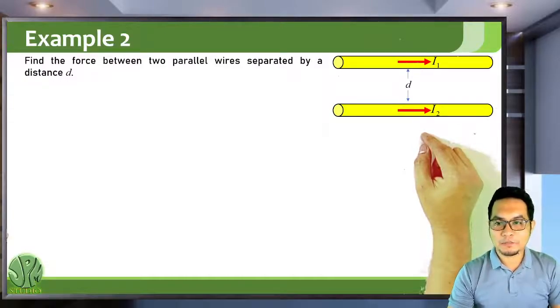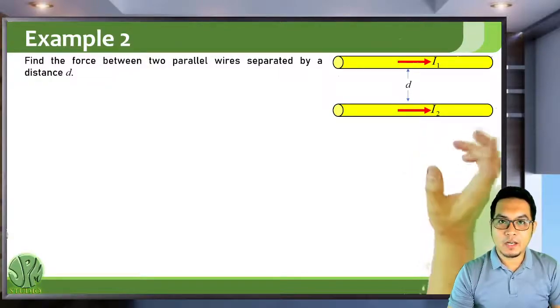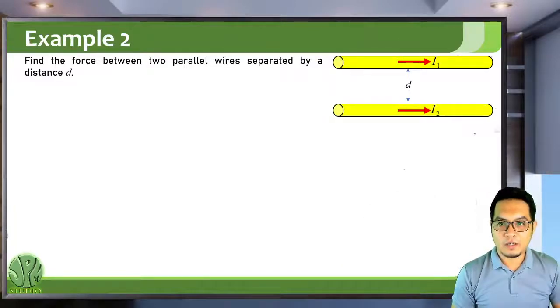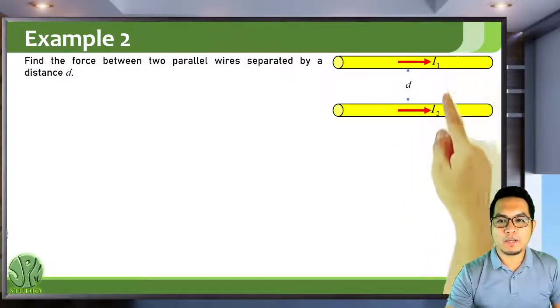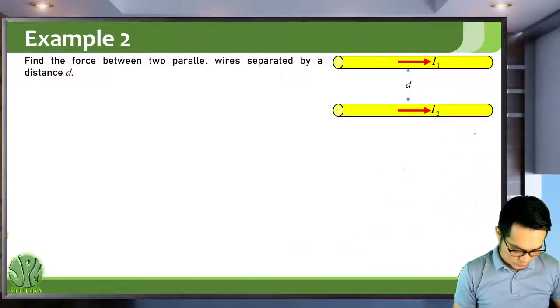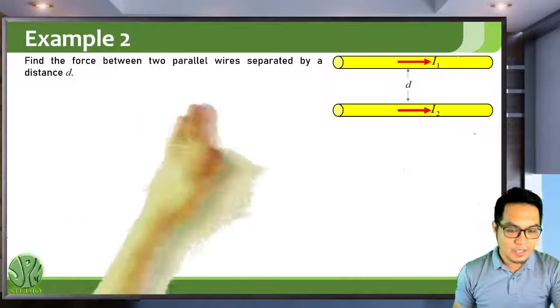And actually, the force is, how do we call this? Mutual. The force is mutual. So I1 will exert a force on I2, and I2 will also exert a force on I1. So they are the negative of each other.